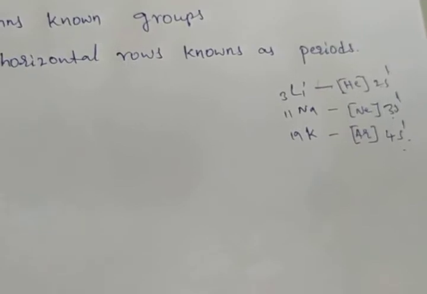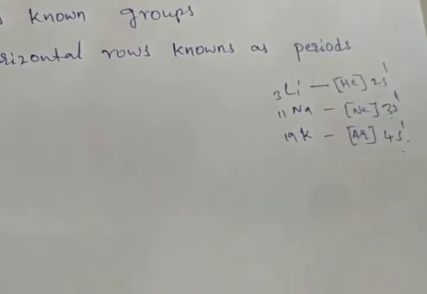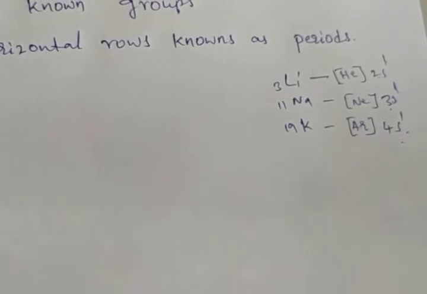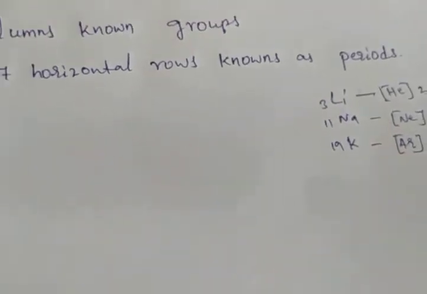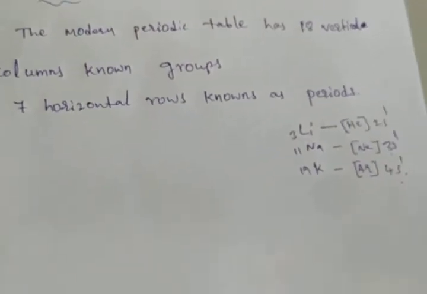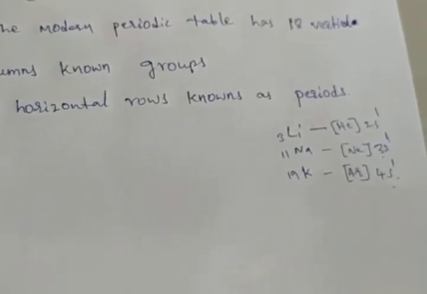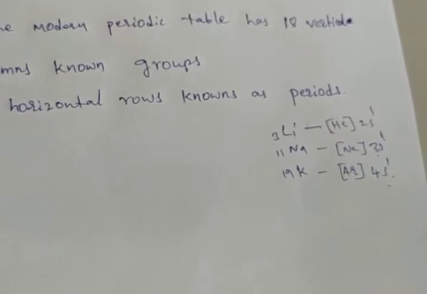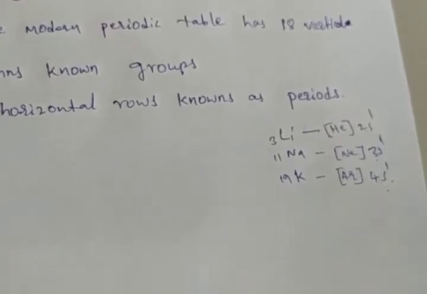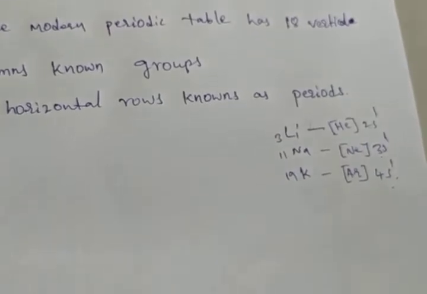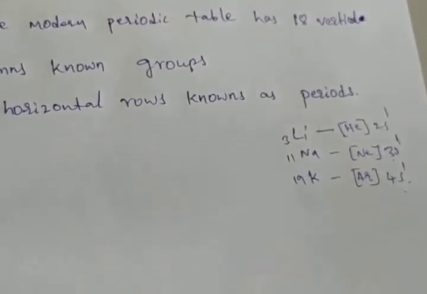Suppose we take group 17. What are the group 17 elements? Fluorine, chlorine, bromine, iodine, astatine. These are the group 17 elements. Fluorine and chlorine belong to group 17. How many electrons do fluorine and chlorine have in their outermost shells?